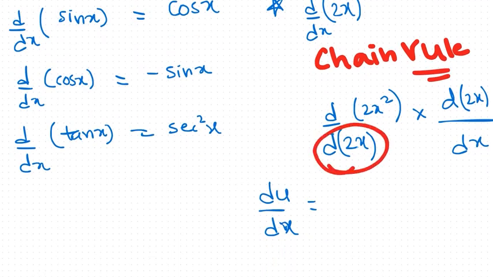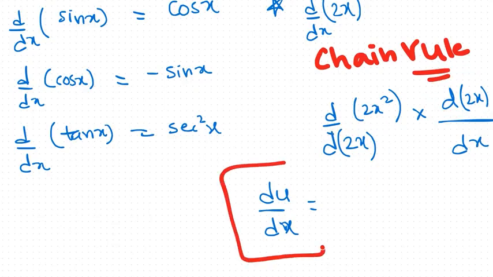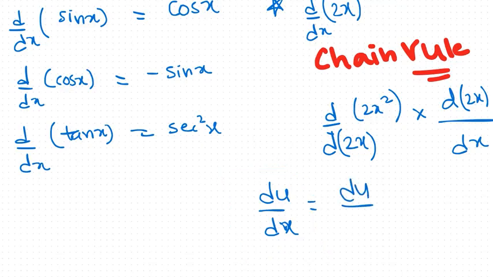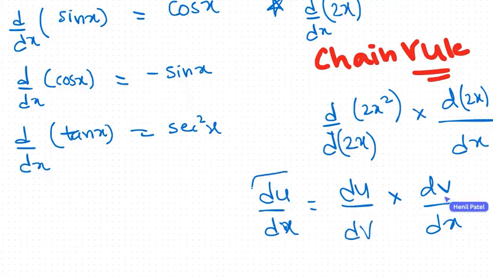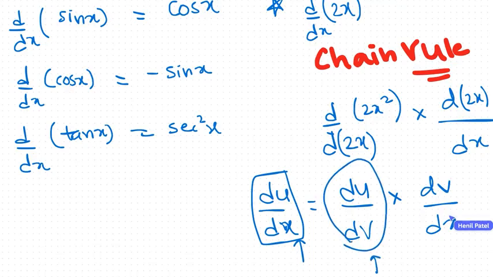So now that you have written this on the bottom, write this on the top side. So it's like this. Du by dx can be written as du by dv times dv by dx. So instead of doing with respect to x, introduce another one, v.